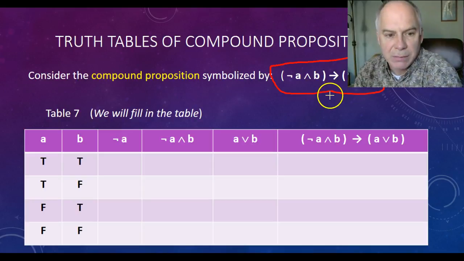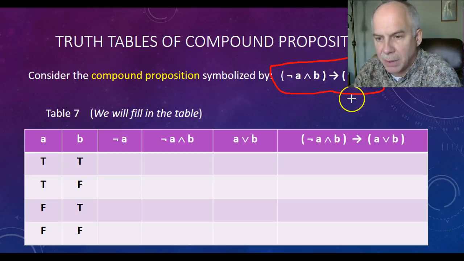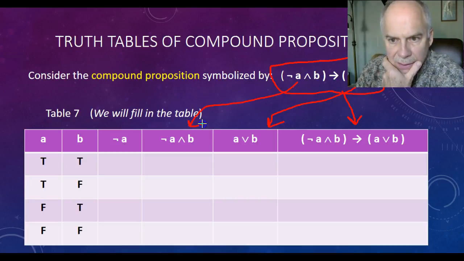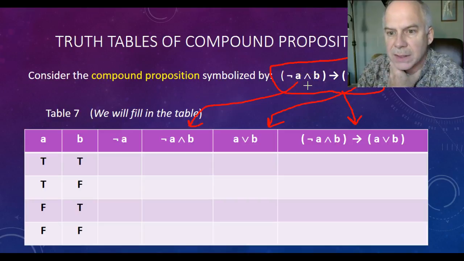To do the truth table for that, we need to think about the parts of it. So we want to have our final column be that, but what are the parts of it? Well, you see in parentheses, I've got this part here, which I made a column for. And I also made a column for the other item in parentheses.